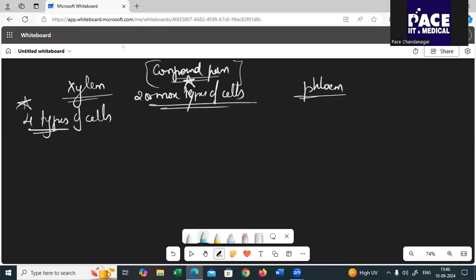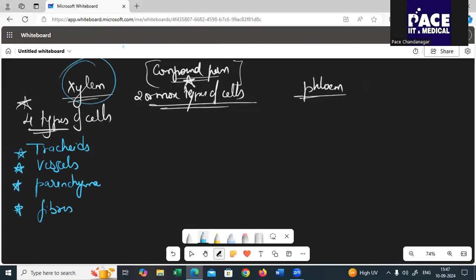Number one is xylem tracheids, or tracheae; then xylem vessels; then you have xylem parenchyma and xylem fibers. These are the four types of cells which will form xylem tissue.